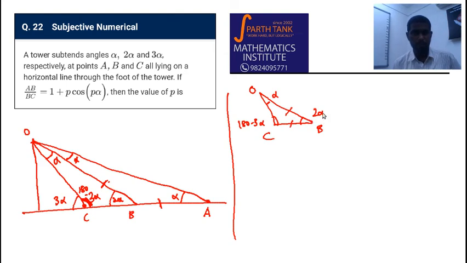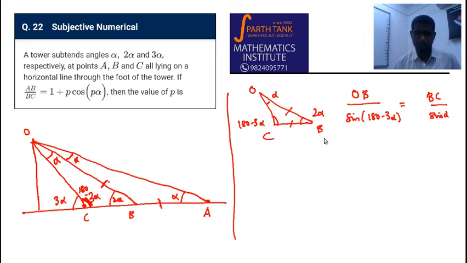Now we know the law of sines, right? We can write OB divided by sine of 180 minus 3 alpha is equal to BC divided by sine of alpha, and then of course you can write OC by sine of 2 alpha. All three should be equal.